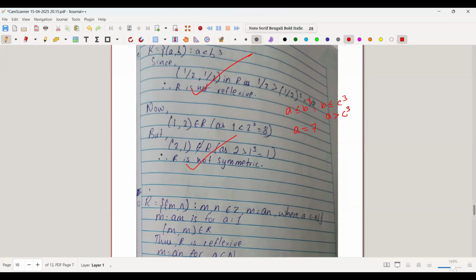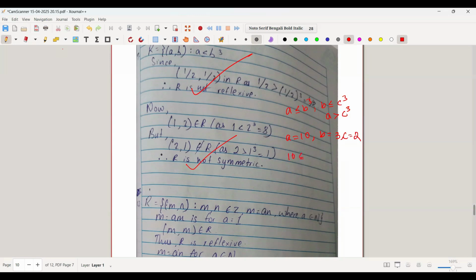Take A equal to 10 and B equal to 3 and C equal to 2.